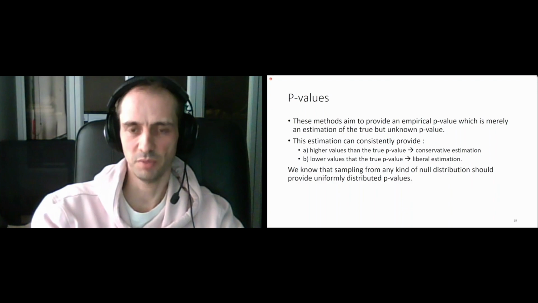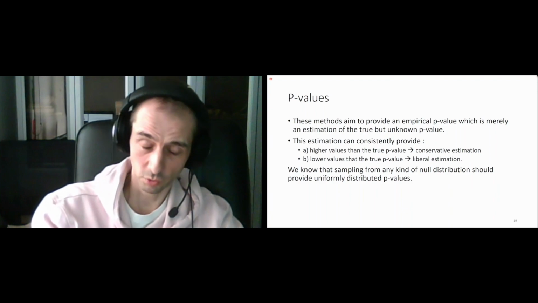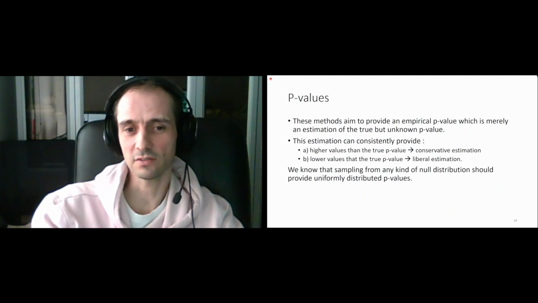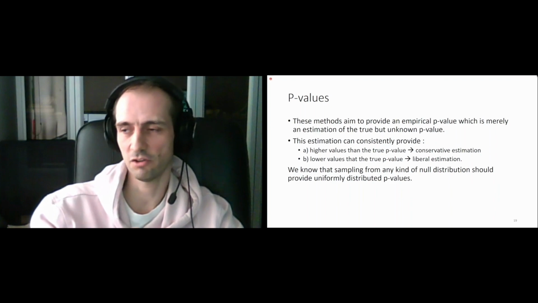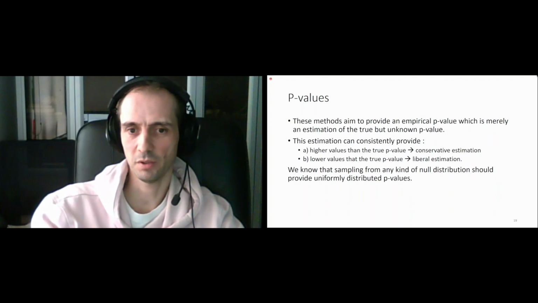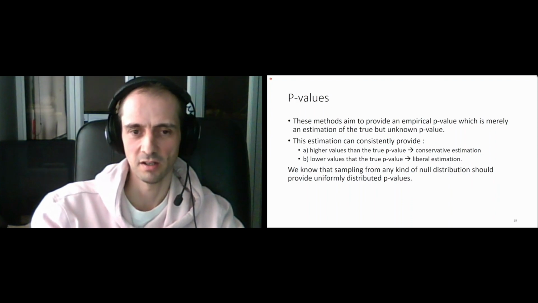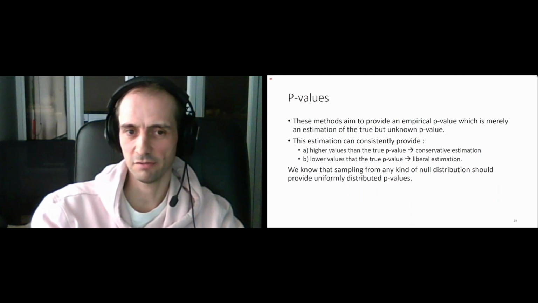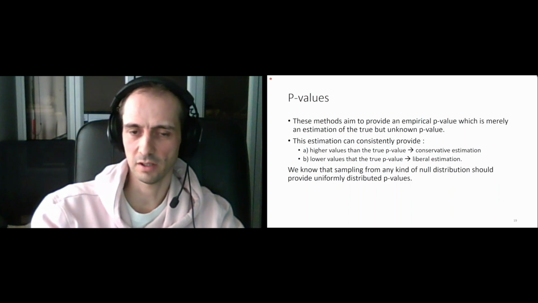Otherwise, if your p-value calculation provides consistently lower values than the true but unobserved p-value, then you will end up with a liberal estimation. Okay? But how do we know whether our method is conservative or liberal?